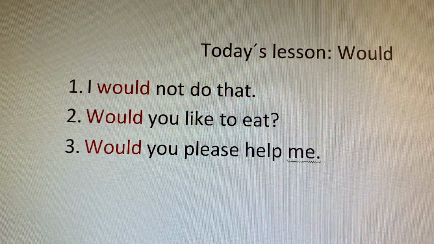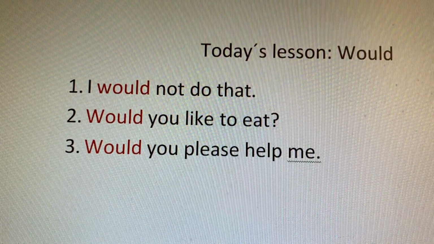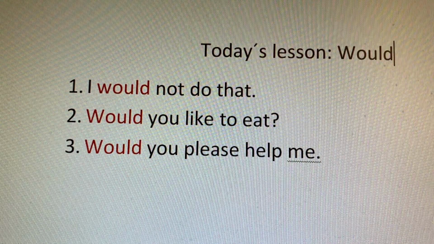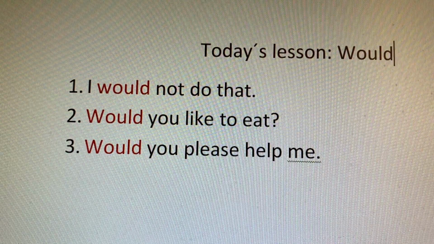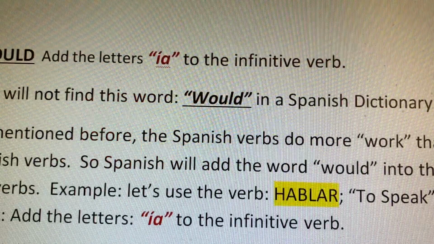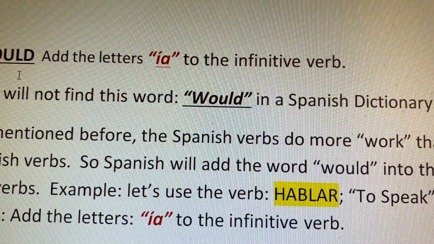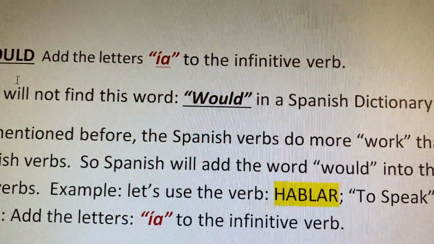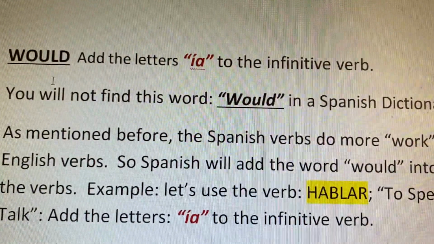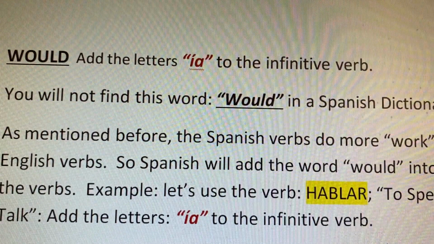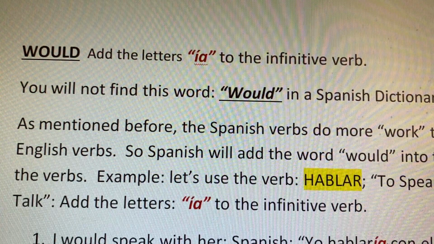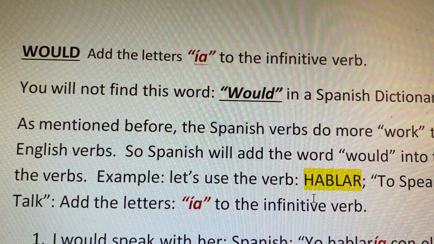So those are some of the examples that we use every day, isn't it? So we want to be able to say that in Spanish. Is that correct? Yes. So in order to get would into our Spanish language, what we're going to do is add two letters to the infinitive verb.